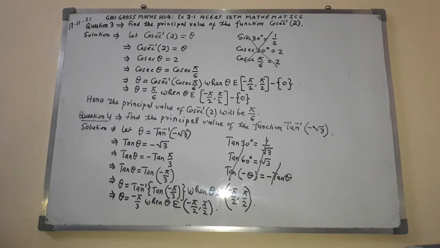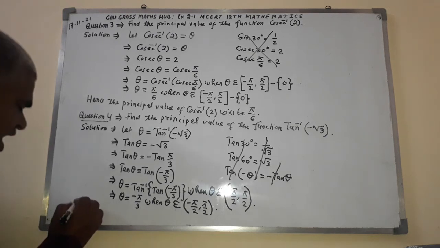Hence, the principal value of tan inverse in bracket minus under root 3 will be minus pi by 3.